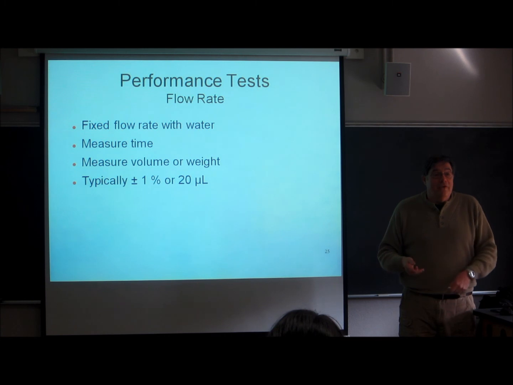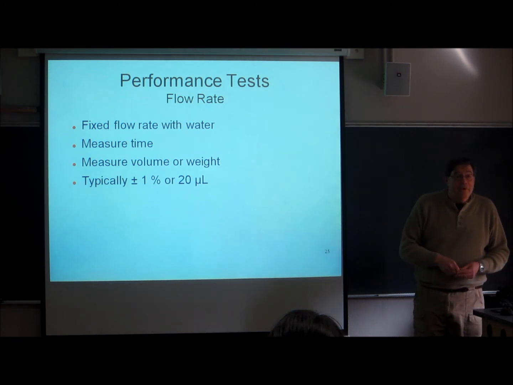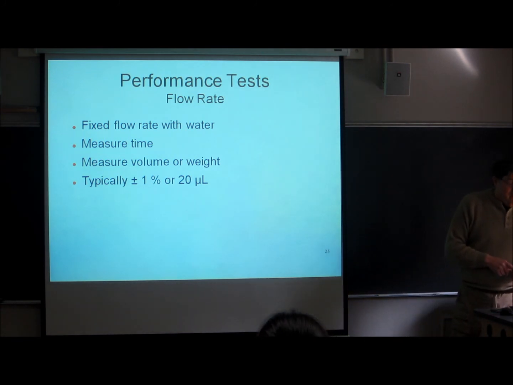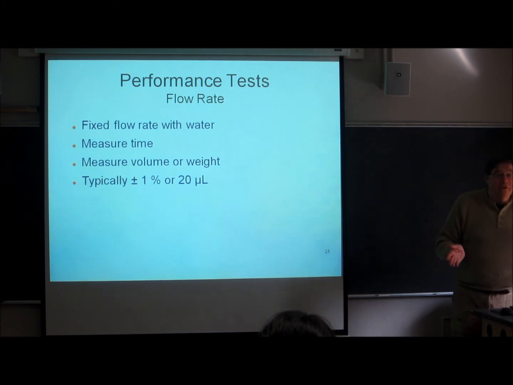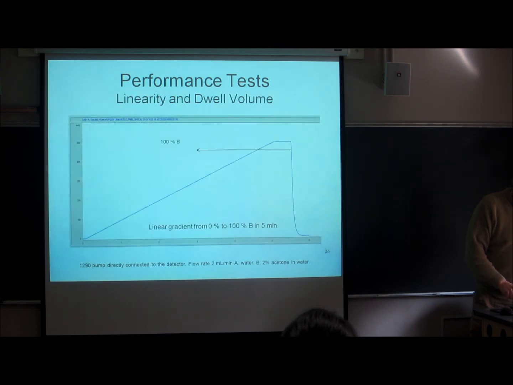Then turn on the stopwatch and count for 30 seconds, 50 seconds, whatever it takes, and then weigh the amount of liquid that's transferred. It works just fine. And if you know the composition of the fluid, you can calculate from the density the volume that's passed. Typically about 1% uncertainty for 20 microliters. Real good old-fashioned method of determining flow rate.